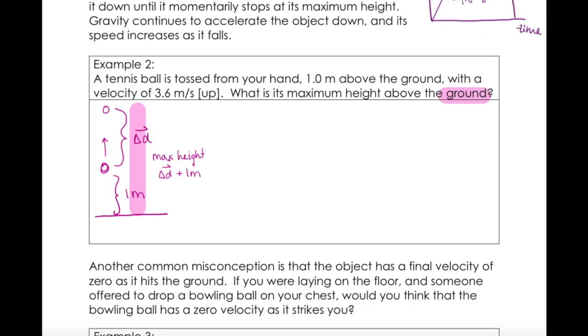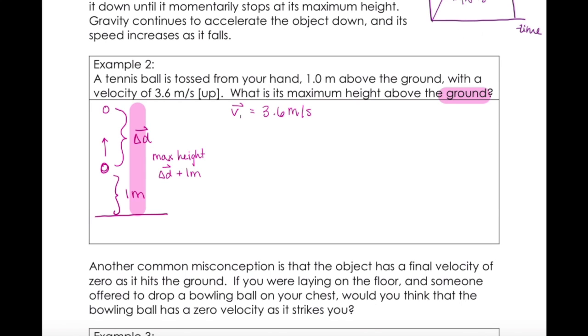The ball is thrown upwards, so its initial velocity is going to be 3.6 meters per second up. We're just going to keep it positive as being the up signal. Okay. We don't have a time. We do have a final velocity though.